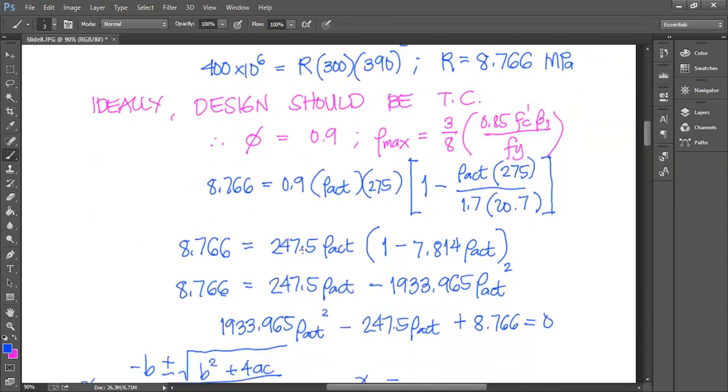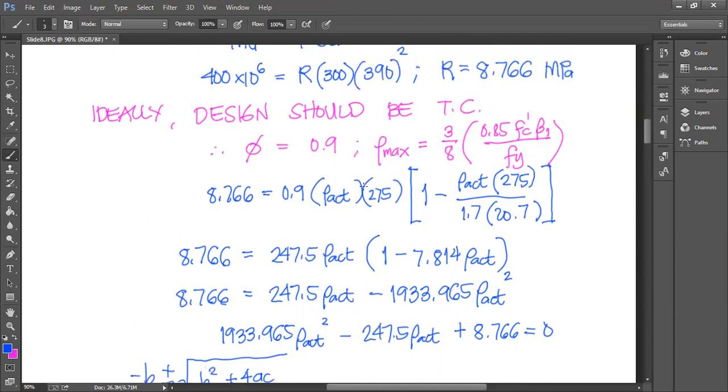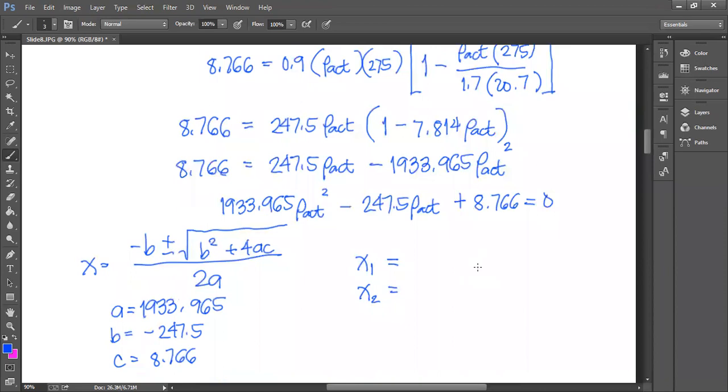Which is correct. Ngayon, yung design natin should be tension controlled or 0.9. 8.766 naman din yung nakuha ko. So, tingnan nga natin ulit itong quadratic equation na consider natin. Meron tayong negative b.